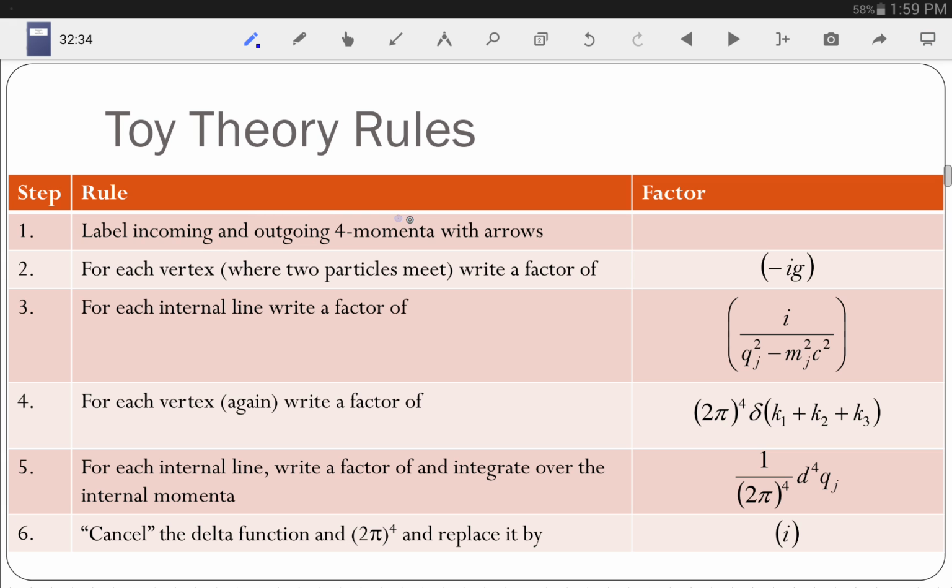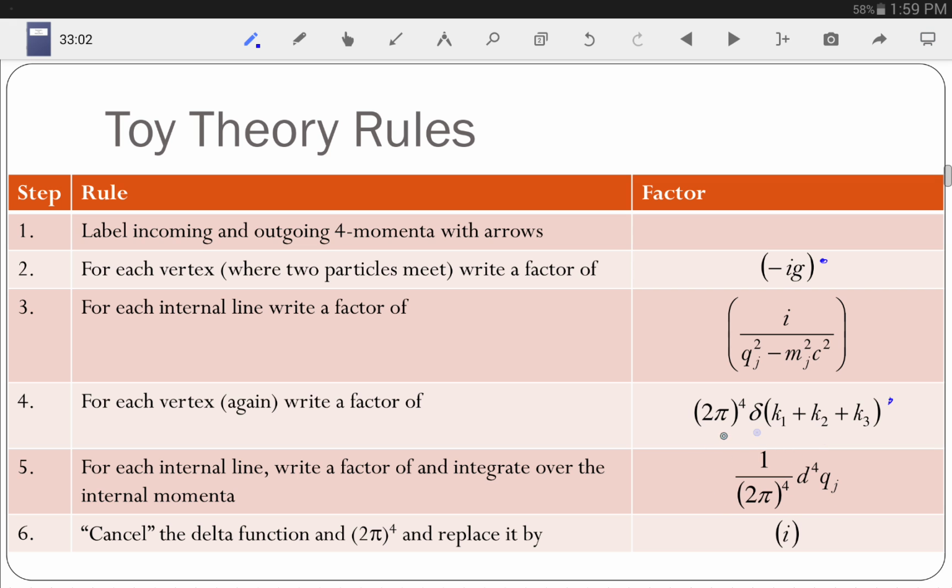So step 1 was label incoming and outgoing four-momenta with arrows. Then for each vertex, you put this factor. For each internal line, you put this factor. So for each vertex, you have one of these, and for each internal line, not one that's external, but one that's internal, you have one of these factors.